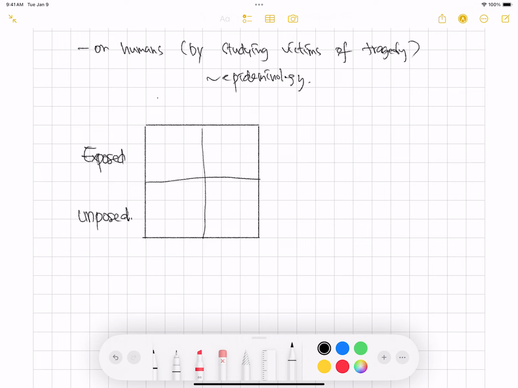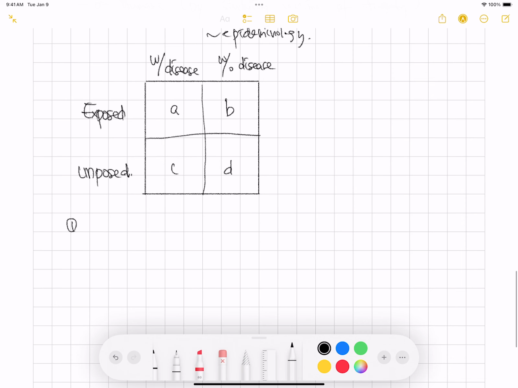Then we monitor which people got the disease and which did not, and count the numbers A, B, C, D. The first parameter we can determine from this analysis is relative risk.